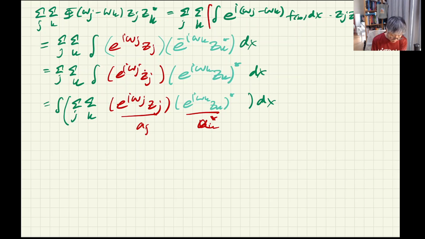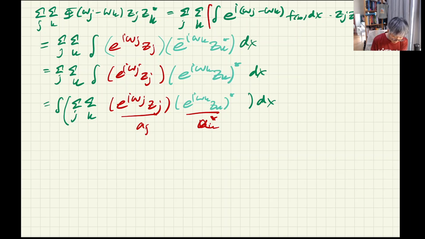When you have the double sum, when j and k are equal, you're going to have aj times aj star. And when j and k are not equal, you're going to have all the possible cross terms between aj and ak star.